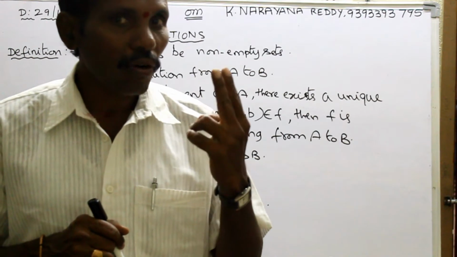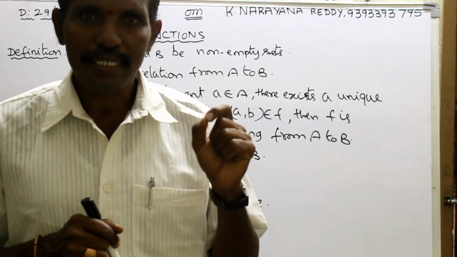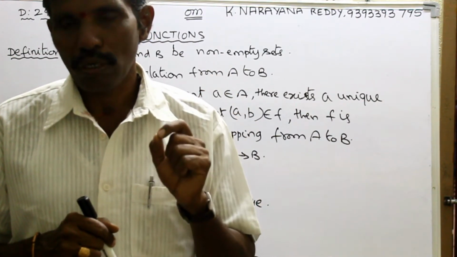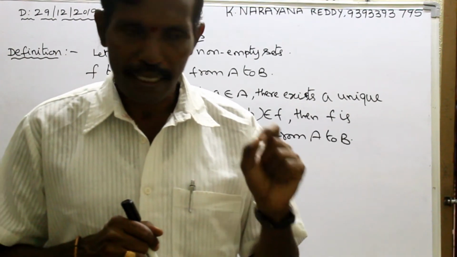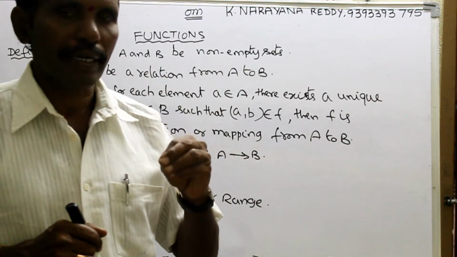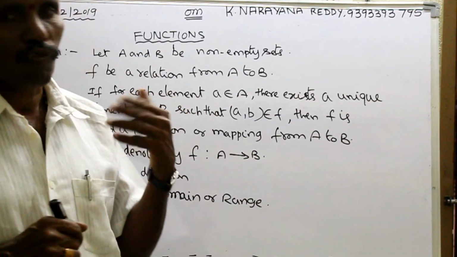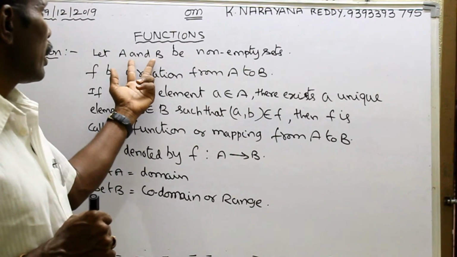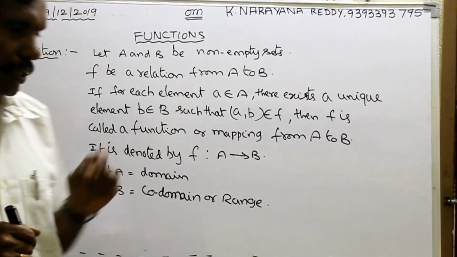Two sets are non-empty means definitely the two sets contain elements, at least one element in each set, one or more than one. That is, two non-empty sets, A and B. Okay, first point.